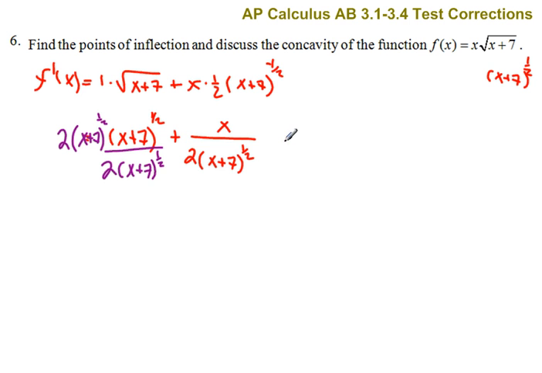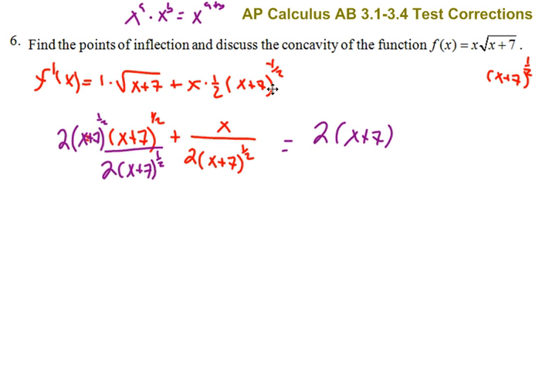Okay, so that means now we'll have a common denominator, and this right here is just going to be x plus 7, right? Because x to the a times x to the b is just x to the a plus b. So 1/2 plus 1/2 is just going to be 1. So up on top we just have 2 times x plus 7.